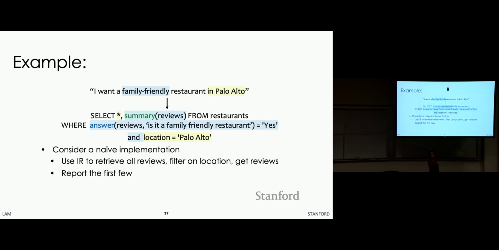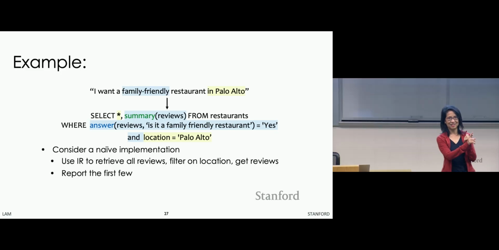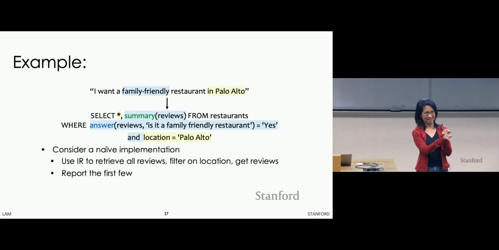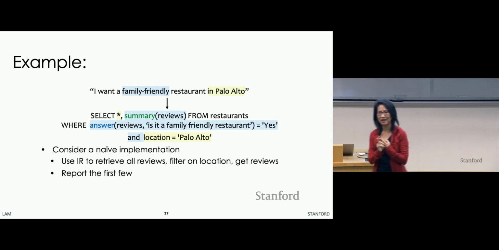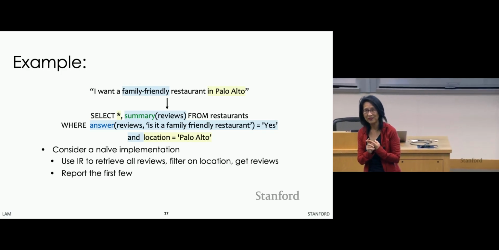Yes. Ben. You should filter on anything that doesn't require summary or answer first. So filter on location first. Very good. Yeah. That's the first thing. What else? Yes. What is your name? Flora. Flora. Yeah.